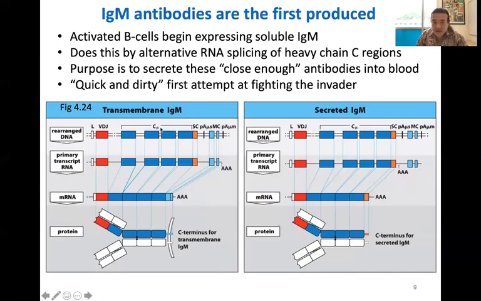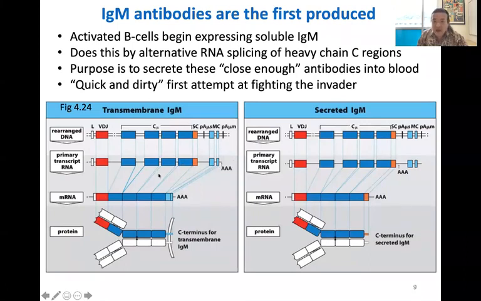The C delta blocks also end up being part of the primary transcript RNA. All right, so you'd end up with not only all of the C mu blocks as shown here, and the ends over here of the C mu blocks, right? But this would actually keep going, and you'd also get a whole bunch of the C delta blocks as part of it.